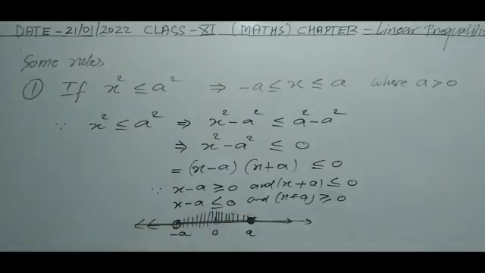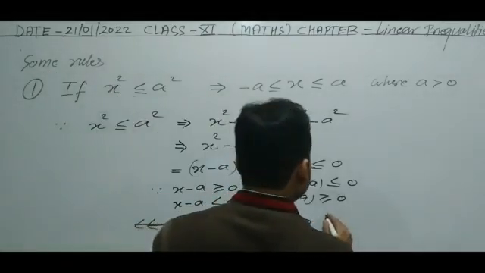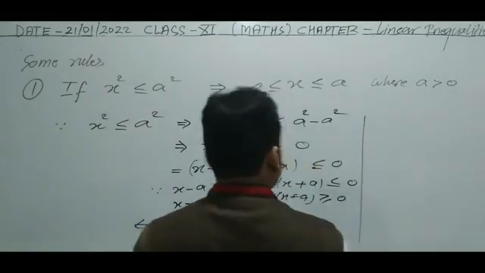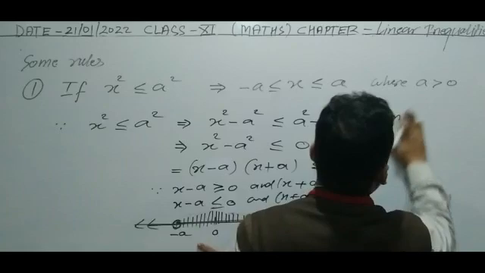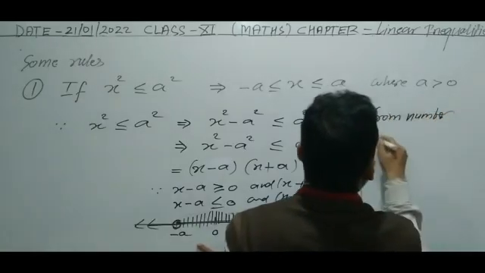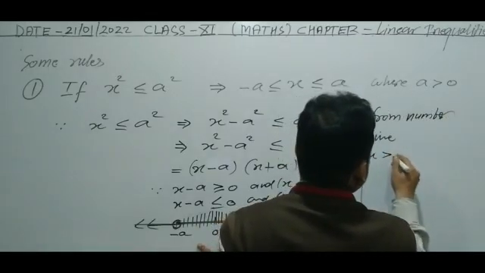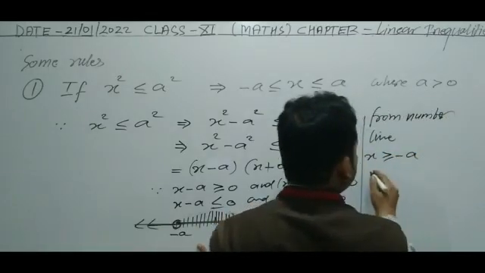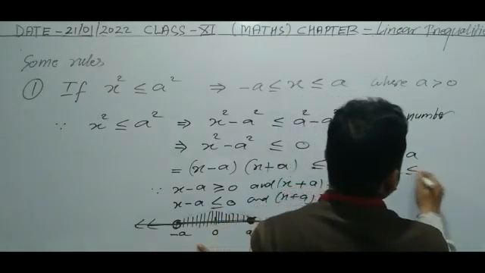Now what we can write from the number line: x is greater than equal to minus a and x is lesser than equal to a.